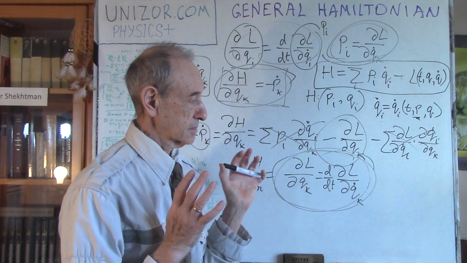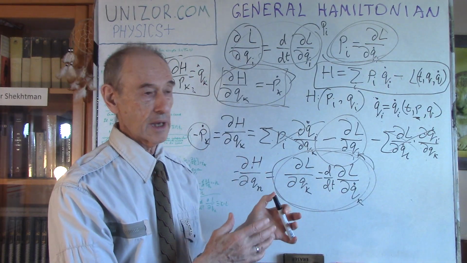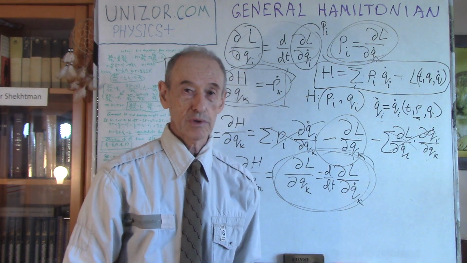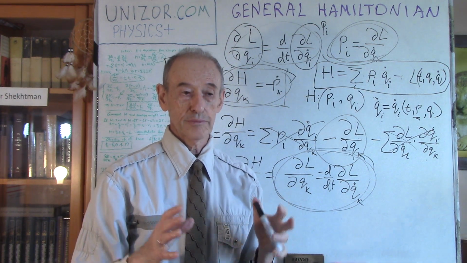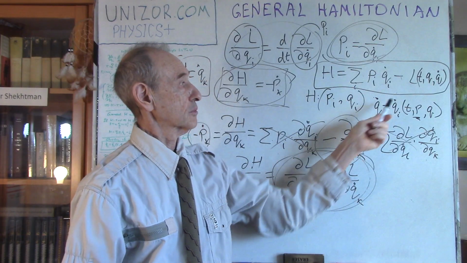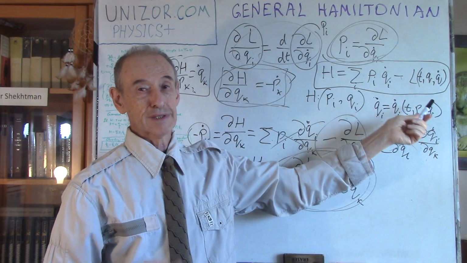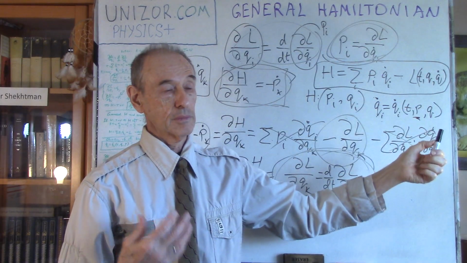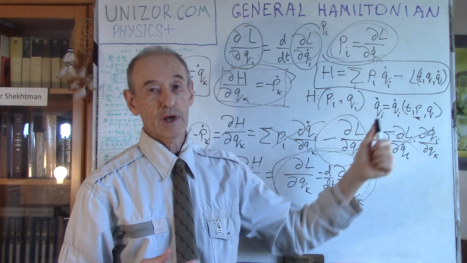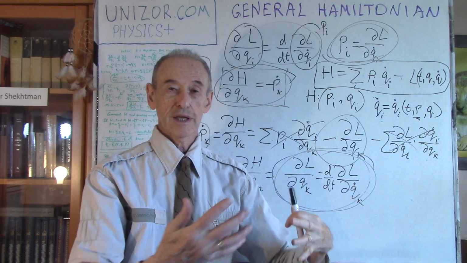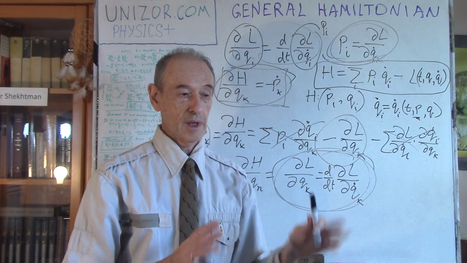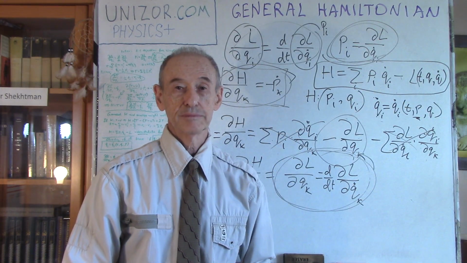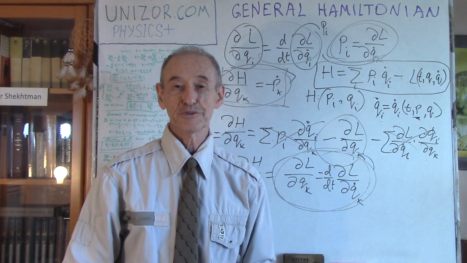Okay, so now this is a generalized expression for the Hamiltonian without any relation to the energy, or without any relationship to the expression of the Lagrangian as a difference between kinetic and potential energy. It's a very, very generalized formula, and that's what I wanted to derive today.